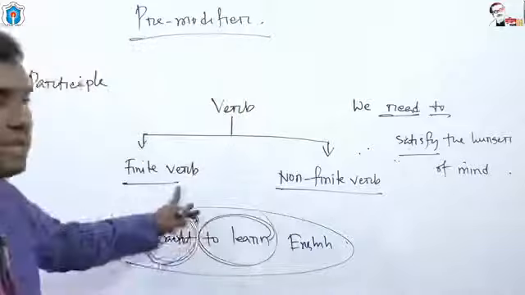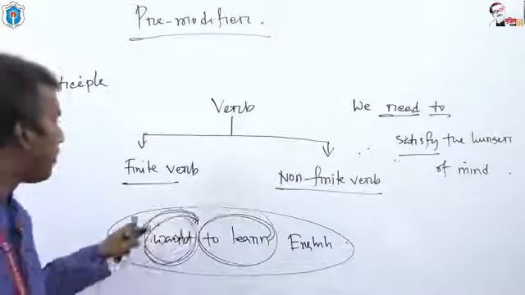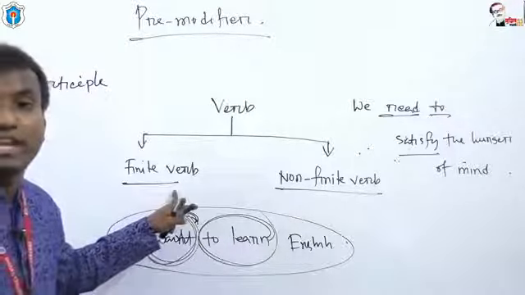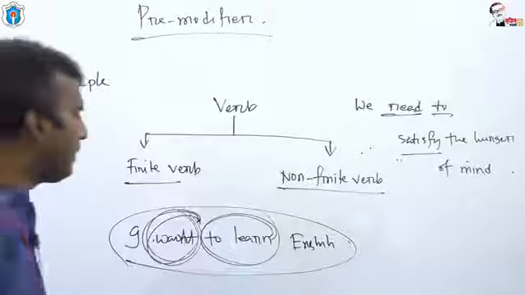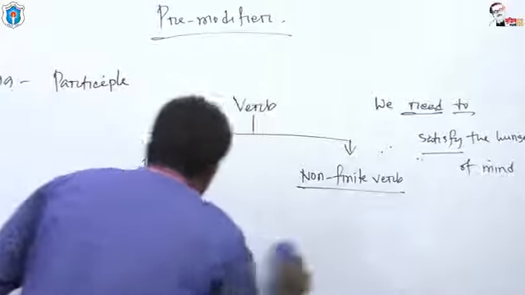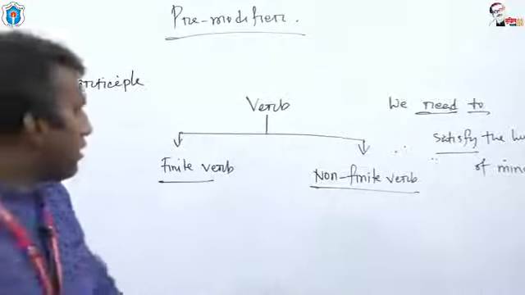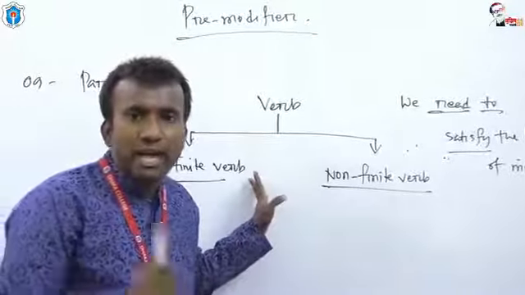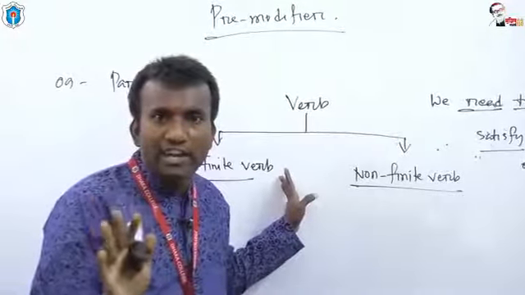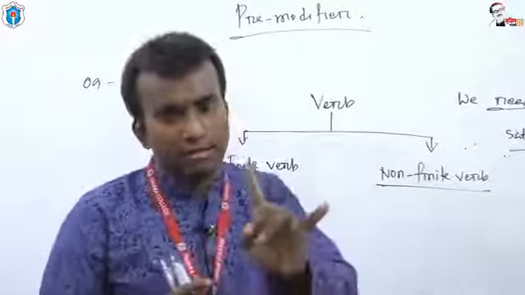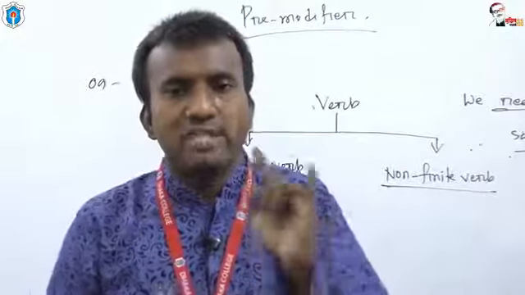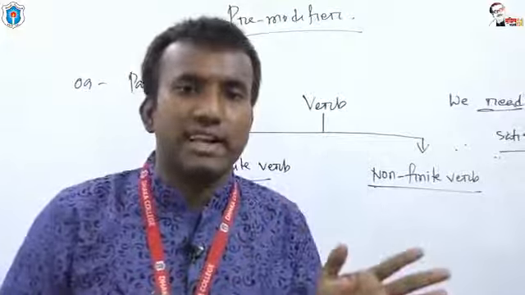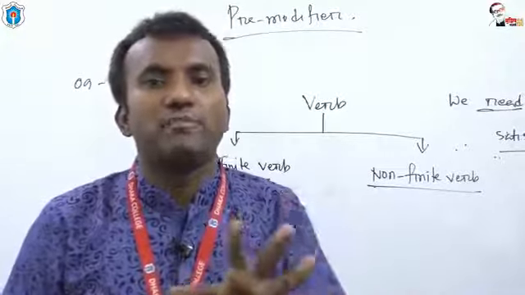So, up to this part we have been able to identify finite and non-finite verb, okay? Finite verb helps us to identify the tense of a sentence. Number one, finite verbs have subject in the sentence, but non-finite verbs don't have.